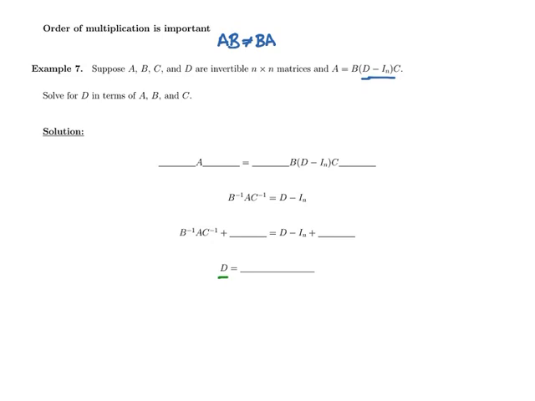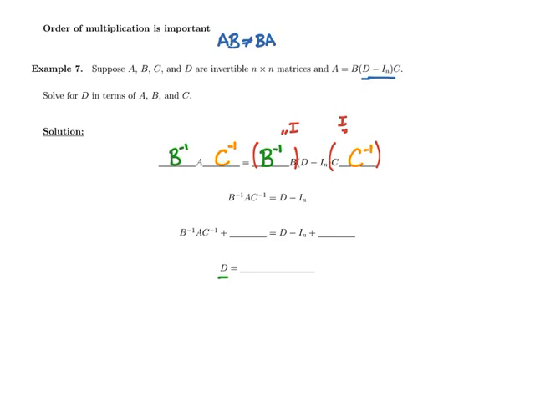So for instance, if I want to get rid of the B attached to the D minus I, I can multiply on the left by B inverse on both sides, noting that B inverse B will give me the identity matrix. And similarly, to get rid of C, I can multiply by C inverse on the right. And again, C times C inverse would give me the identity matrix.